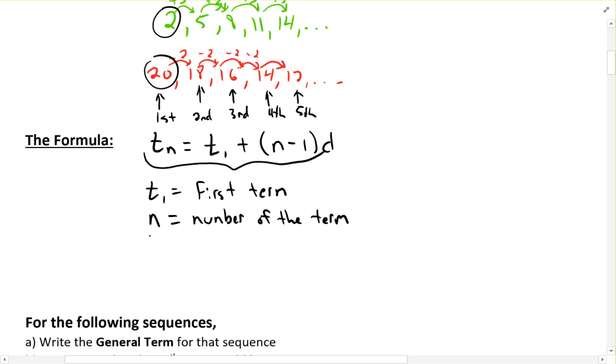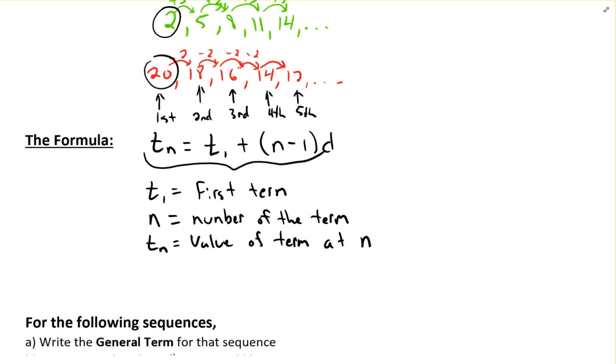Now T subscript n, that's going to be the value of the term at that number. The value of the term at n, so whatever term you're talking about. And then lastly, d, this is going to stand for common difference.